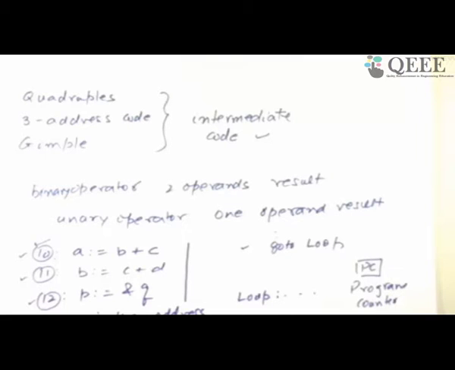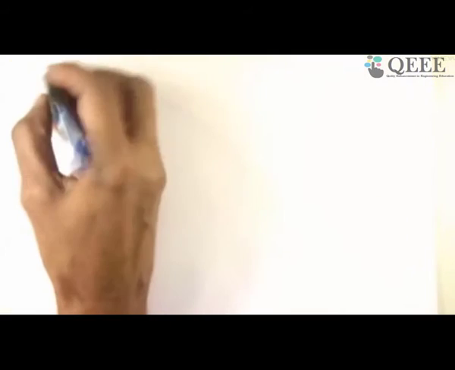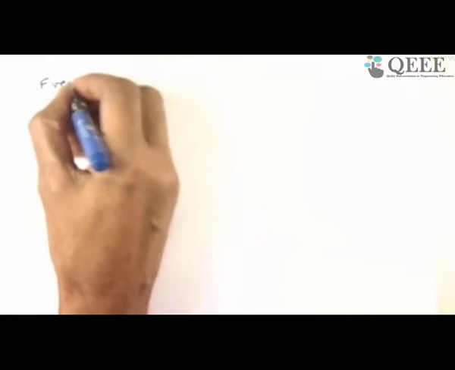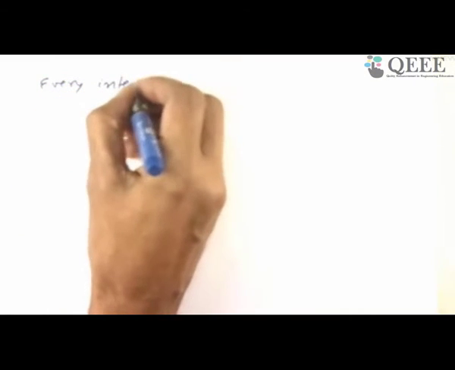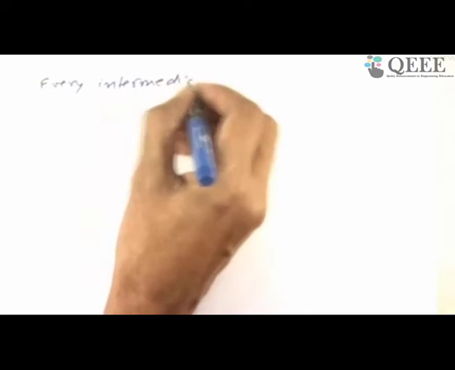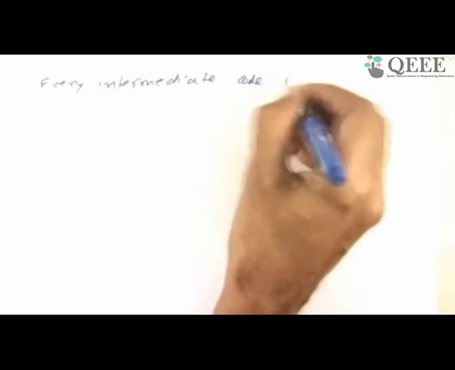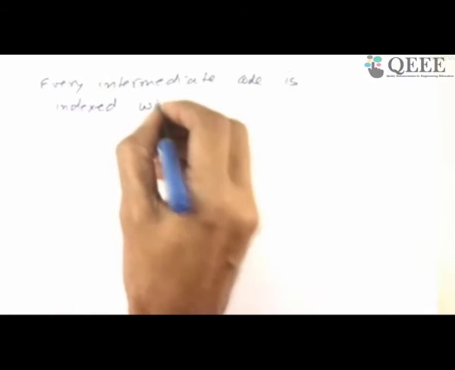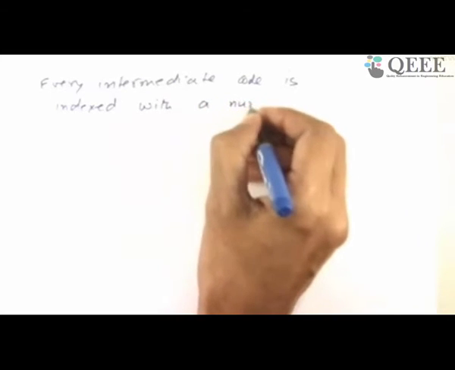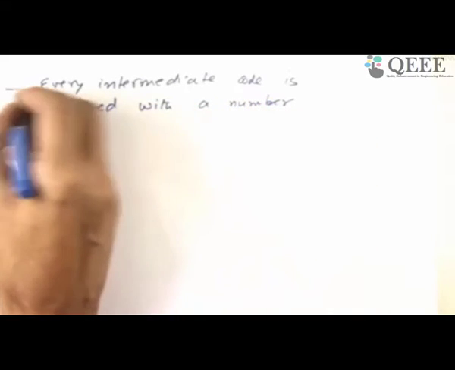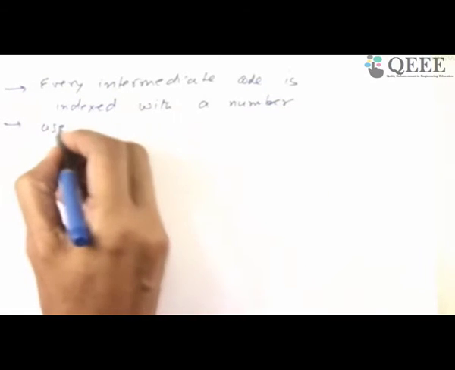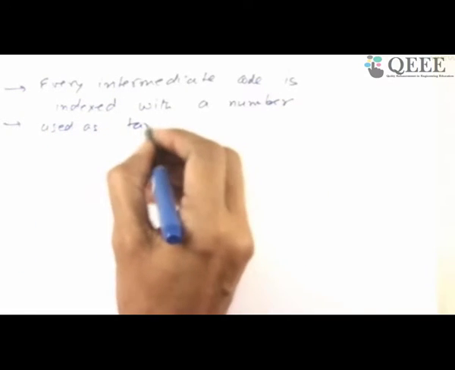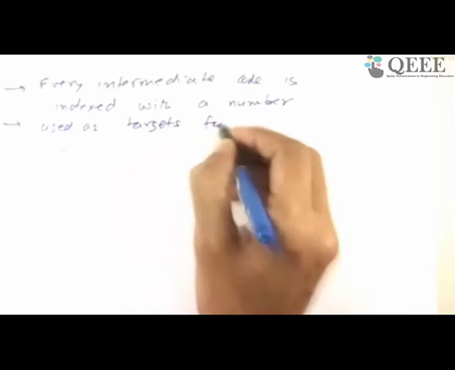So quadruple addressing is not really used in parsing, it is only used in semantic analysis. Every intermediate code, even if it is not the destination of a jump, is indexed with a number, and this is very handy for jump statements. This is done always, and it is used as targets for jumps.